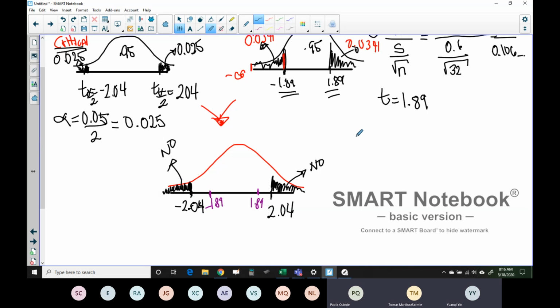So we can quickly decide something here using the traditional method, which is one of the methods. What does it tell you right away? Do not reject H0. Why?